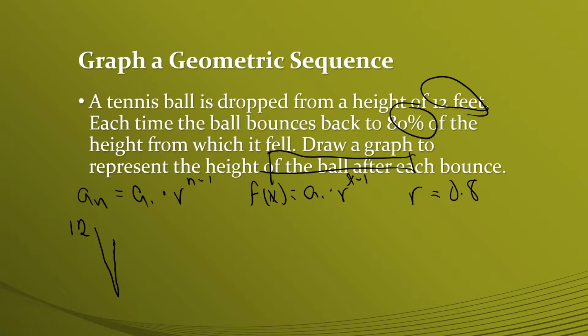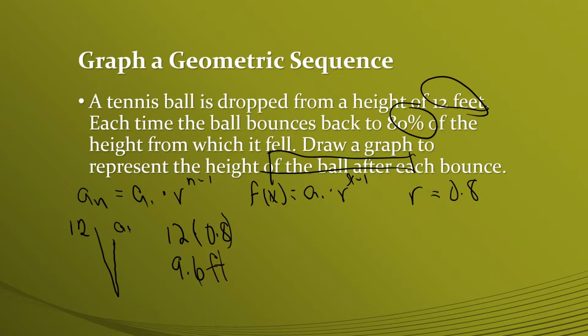In other words, a_1 is the height when it bounces back. So I'm going to take 12 times (0.8). And 12 times 0.8 is going to be 9.6 feet.